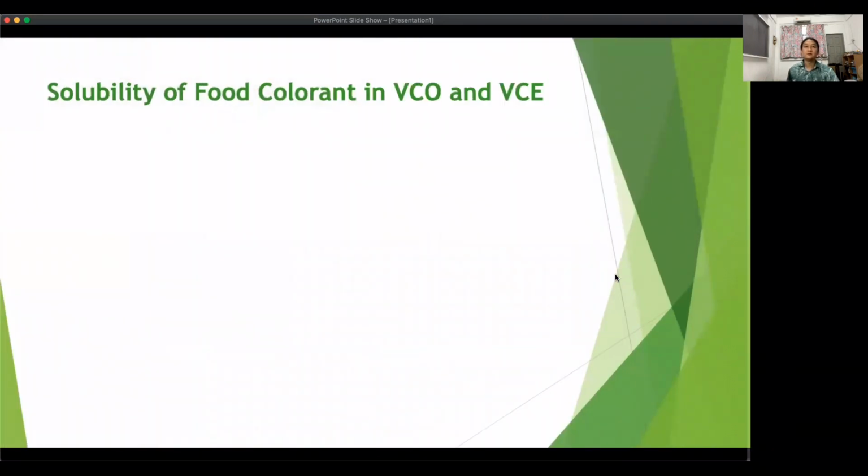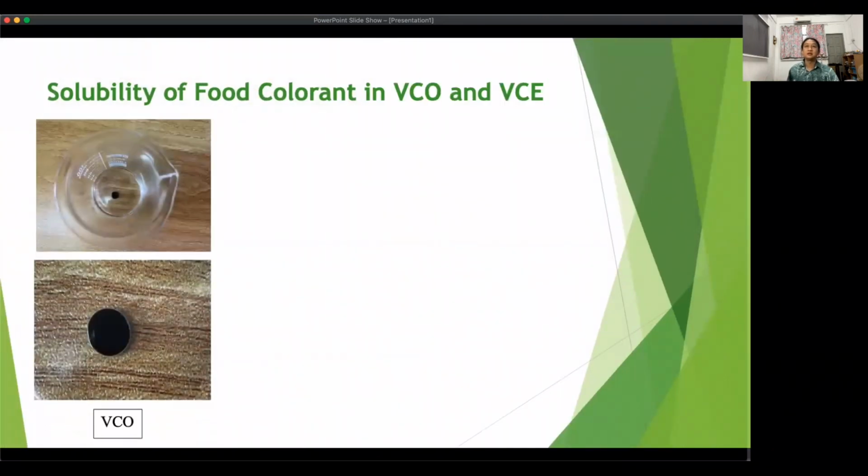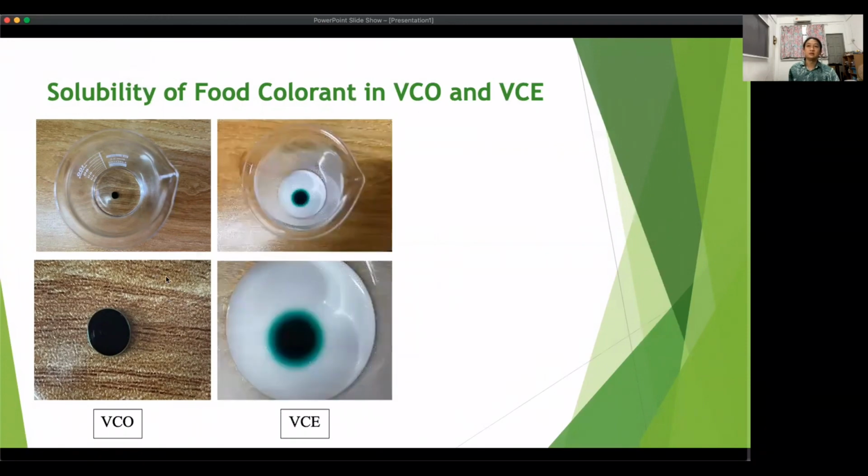And then is the food colorant in VCO and VCE, where VCO did not allow the food colorant to dissolve, and when the food colorant is dropped into VCE, it starts to dissolve slowly, as seen here.